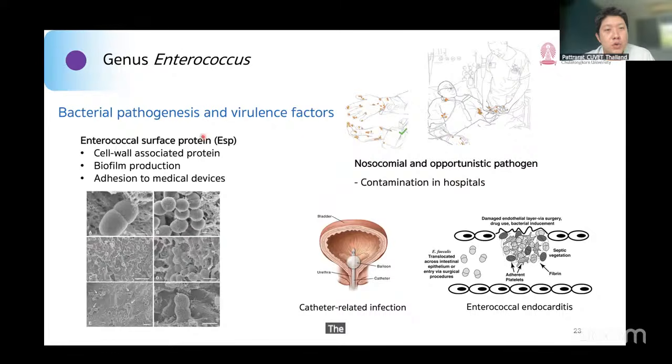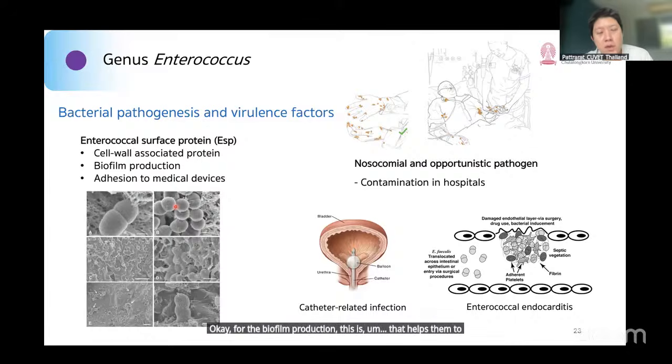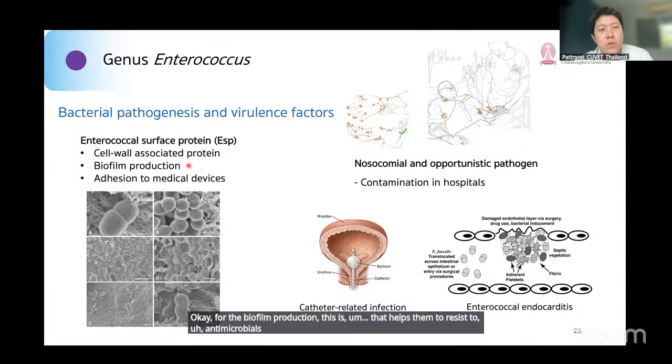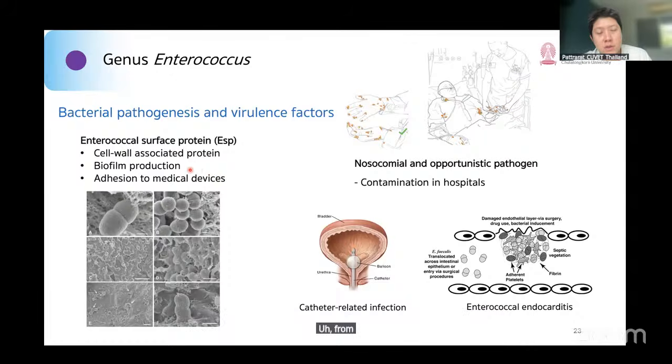The surface proteins of Enterococcus help them to colonize the surface of medical devices and promote biofilm production. Okay, biofilm production helps them to resist antimicrobials and also prevents the immune response of the host.